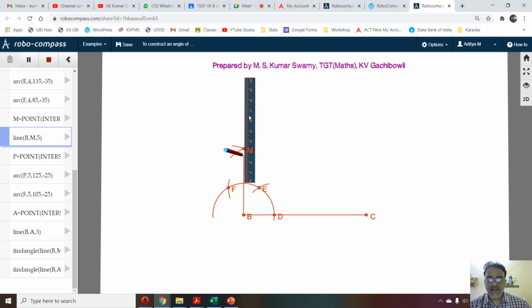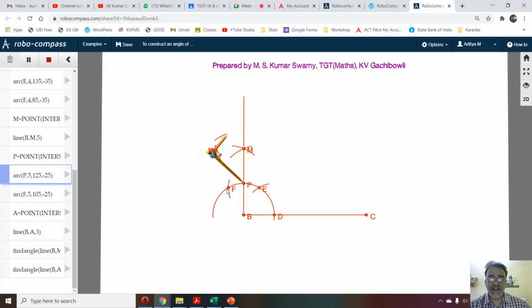This is 90 degree. We'll take this point as P. Now we'll draw the angle bisector between 90 and 120. Okay, so with center P and F we are going to draw two arcs on the same side. From P we drew, now we are drawing from F. Both will intersect at point A. This point is A. Now we'll join a line through BA.